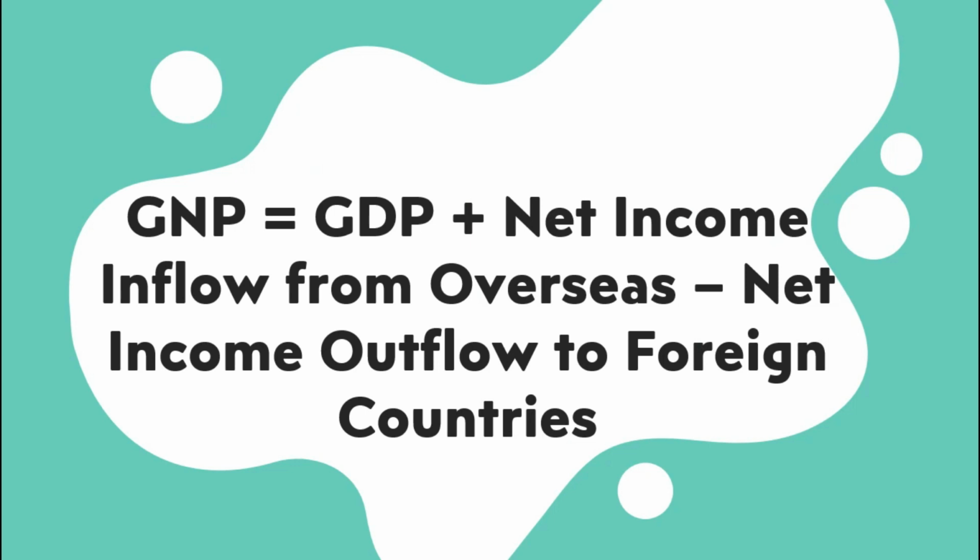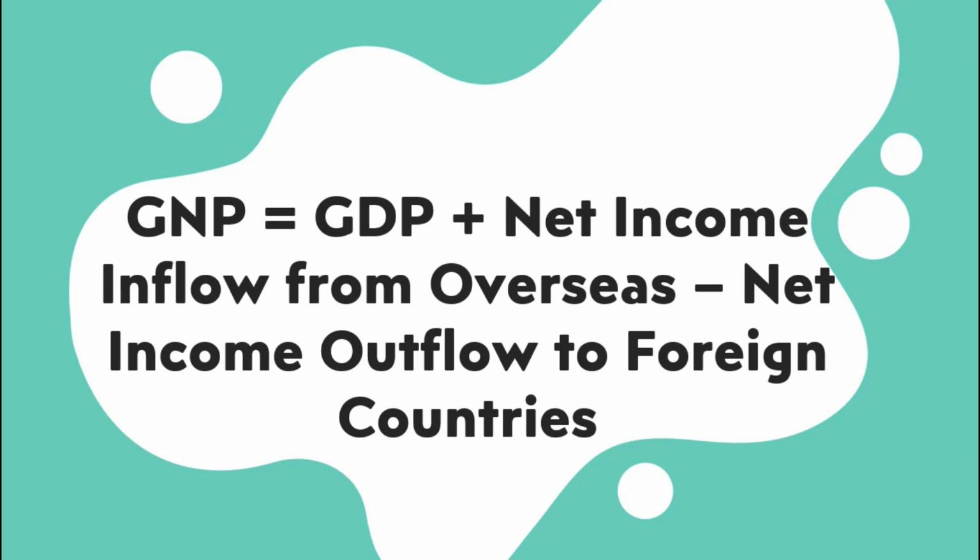The other formula, to make it easier to remember, is GNP equals GDP, using the expenditure approach for solving the GDP, not the income-based one, plus net income inflow from overseas minus net income outflow to foreign countries.